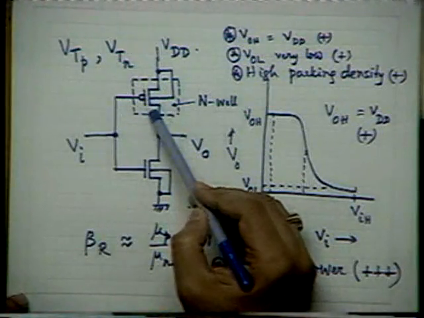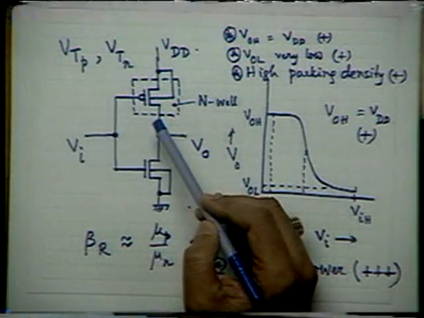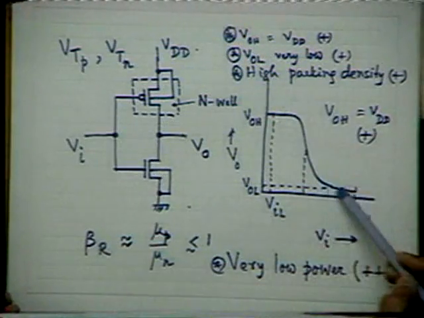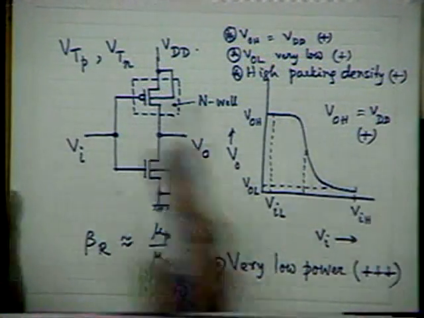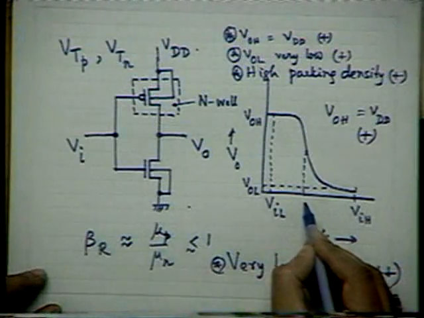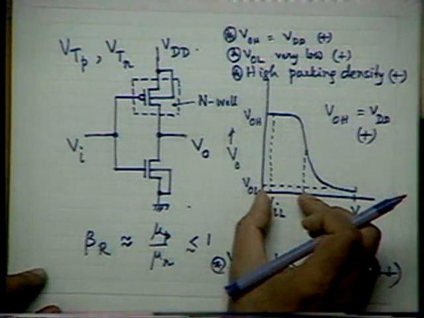So what are you doing? You are doing the same thing. You are expected to achieve an inversion layer of the same strength as in the earlier case. Then only we will get symmetry in the characteristic. Otherwise the whole characteristic will shift. We need exact anti-symmetry of these characteristics around a point which is roughly VDD by 2.